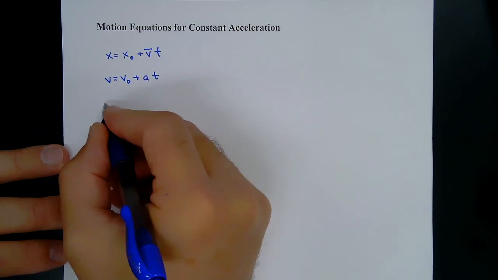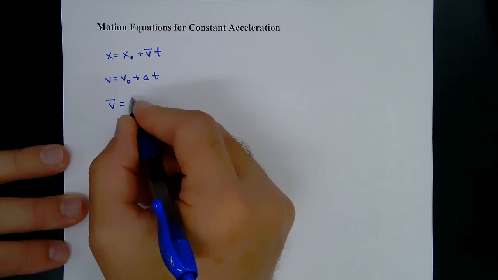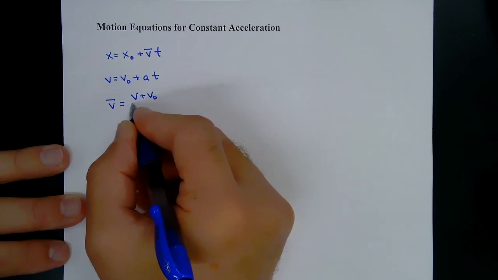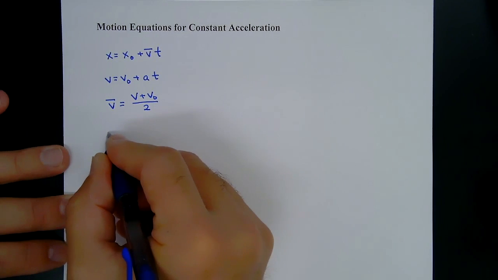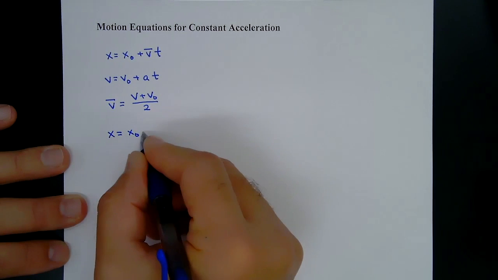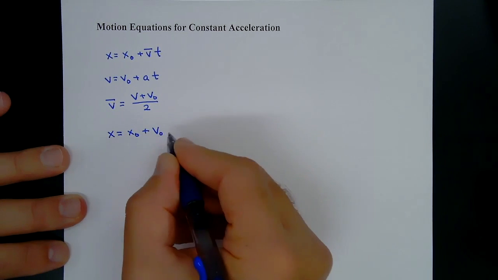And then we also know that the average velocity is equal to the final velocity plus the original velocity divided by 2.